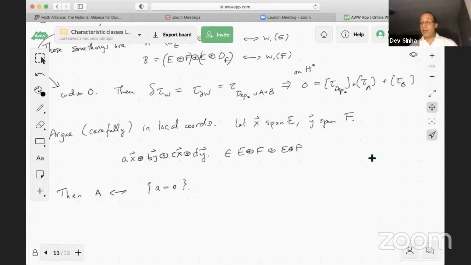If I replace x by x prime, 0 times x is equal to 0 times x prime. The 0 section is something that exists regardless of basis, and its description in any coordinate system is just A equals 0. And similarly, B is described in these coordinates by D equals 0.